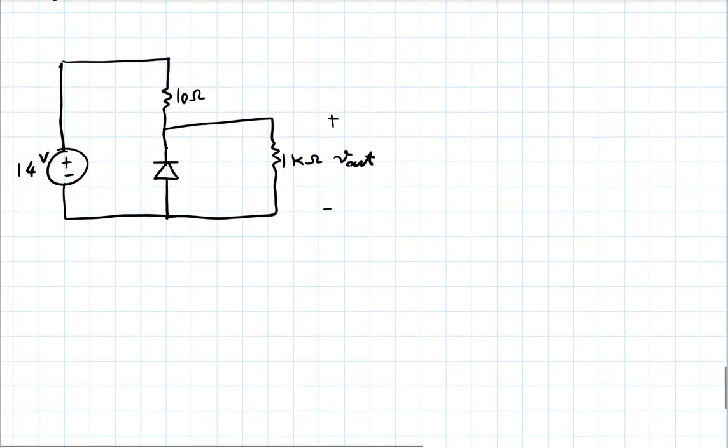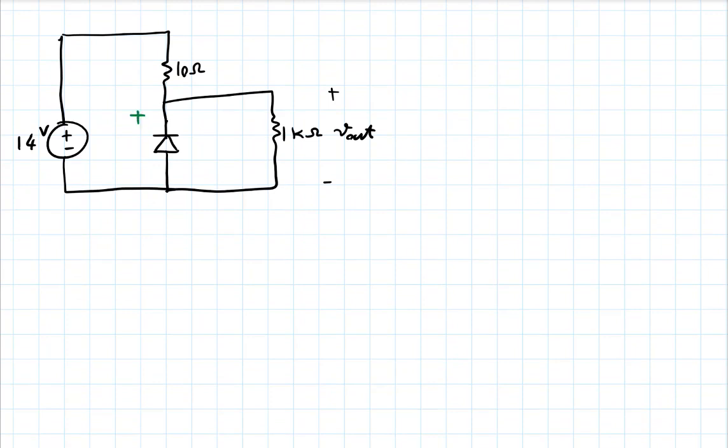So if I assume that the diode, again, has a 10-volt reverse voltage like that, which means the output voltage is 10 volts. Those are just in parallel. But what do I have here? I'll get a 4-volt drop here, which means this current is 0.4 amps.